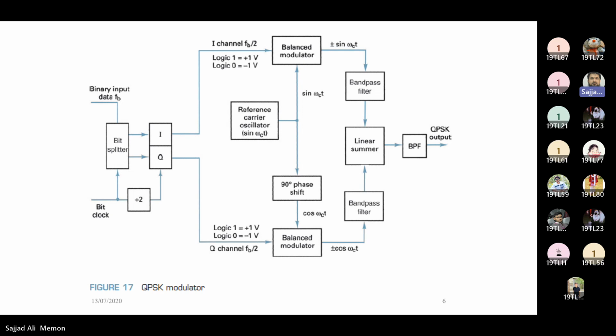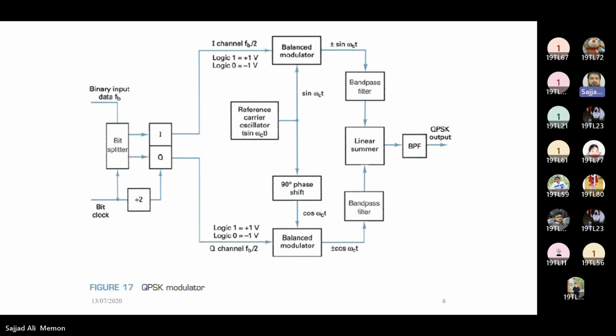The total input data rate is fb, which will be divided equally into 2 channels, fb by 2 and fb by 2: the I channel and the Q channel. The I channel is the in-phase channel and the Q channel is the quadrature channel.